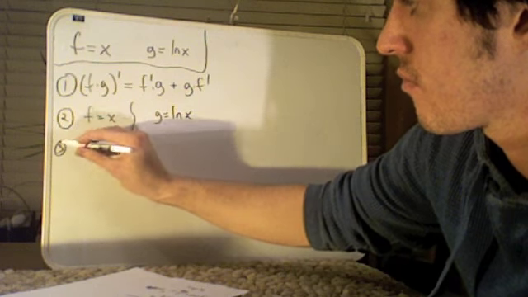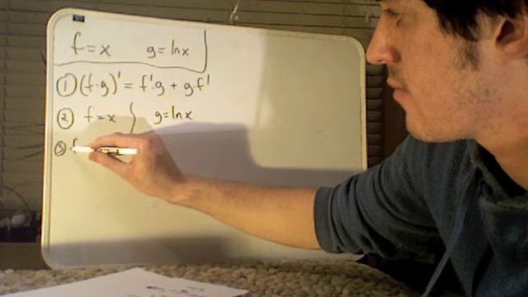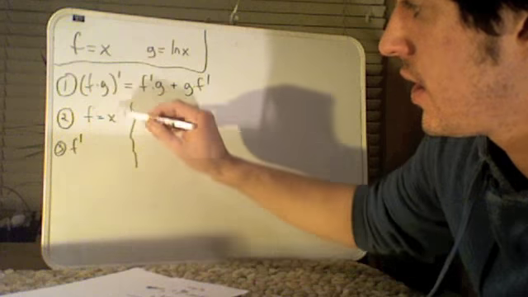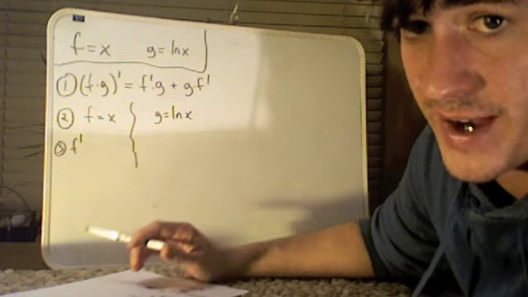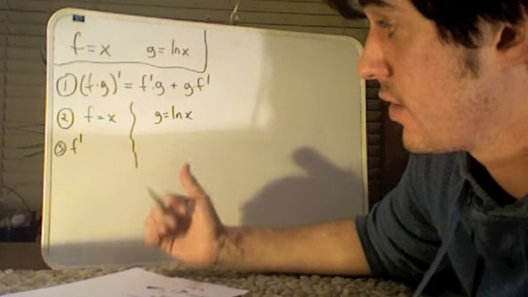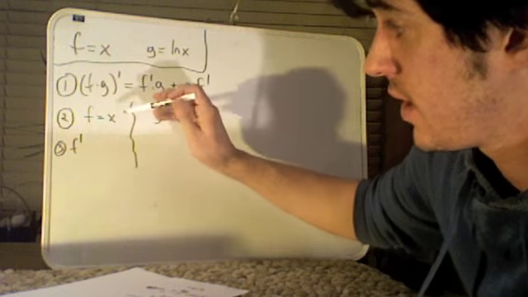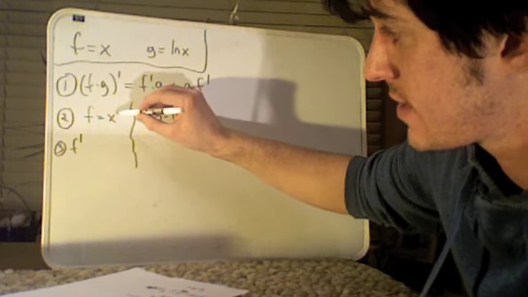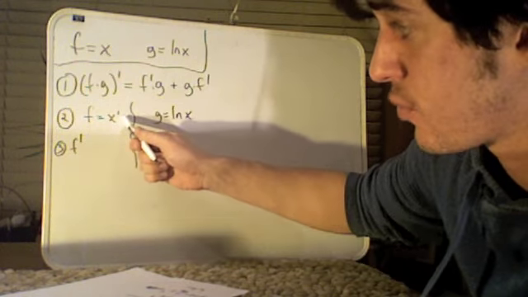Alright, step 3 was to write your derivatives. F prime, we'll use our power rule again. If you have an x by itself, this is a pretty easy one to take a derivative of, by the way. I'll let you know the answer is 1. The derivative of x is 1. But if you want to explore why, x by itself has a 1 up there. It is raised to the power of 1. That is not a prime like you see here.